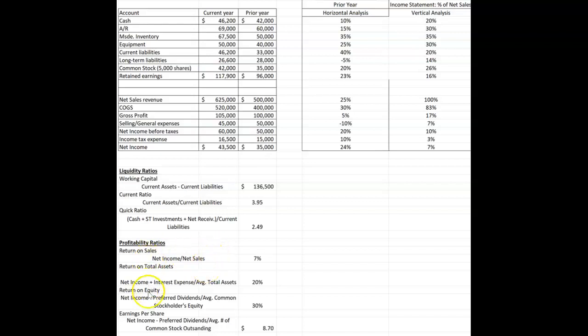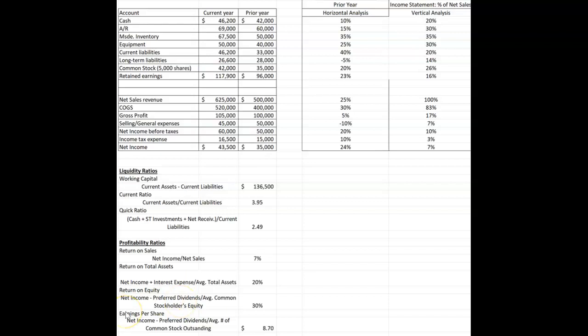Then the next one that's used a lot, this is a popular percentage here, is the return on equity. This is our residual interest. This is equity. So the return on equity is net income minus preferred.